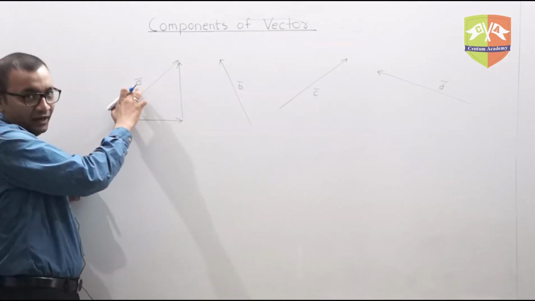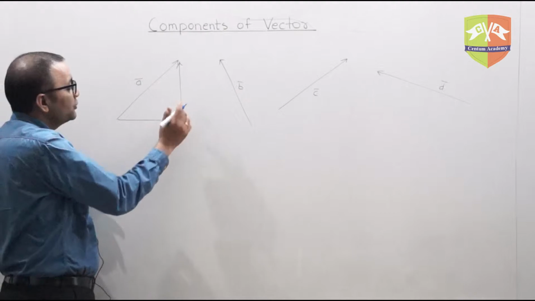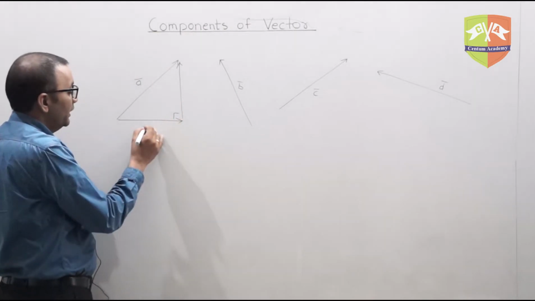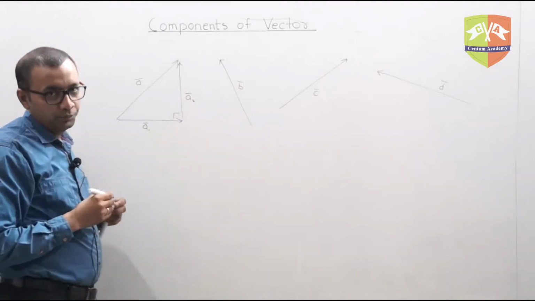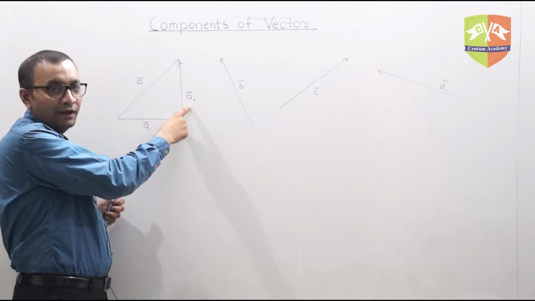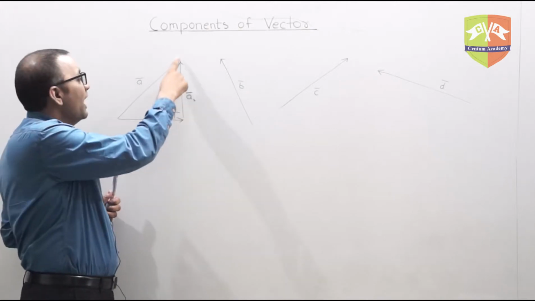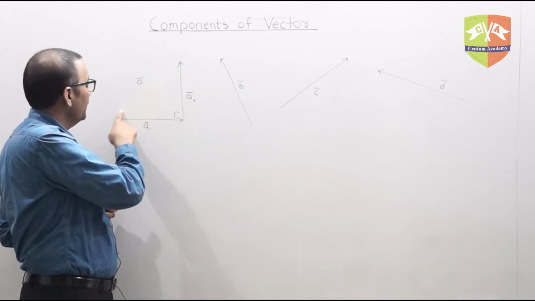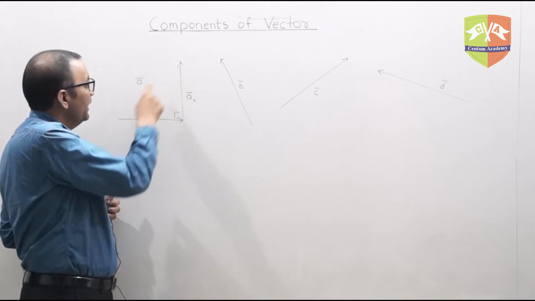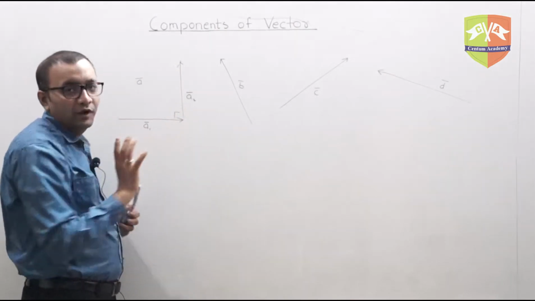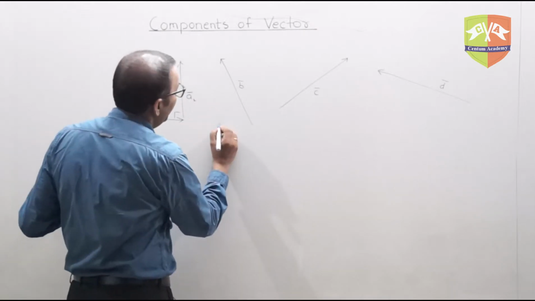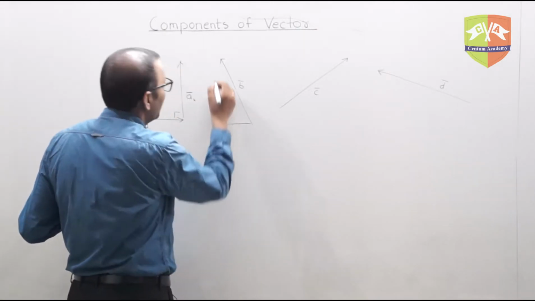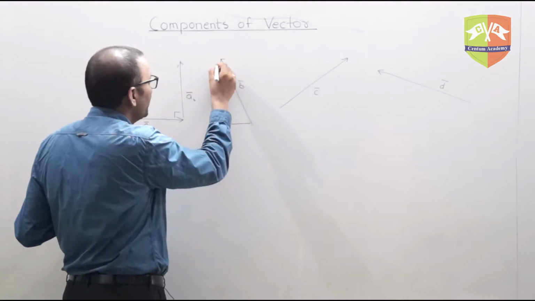what is this A? A is the sum of these two vectors. Let me call them A1 and A2. Okay, so I can say A is A1 plus A2, right? So I can just remove this vector A and say that A is these two vectors, okay? And similarly, I can say that B is the sum of these two vectors.